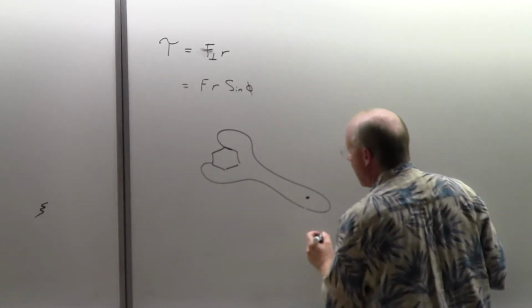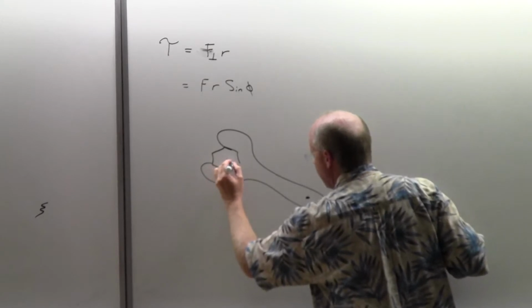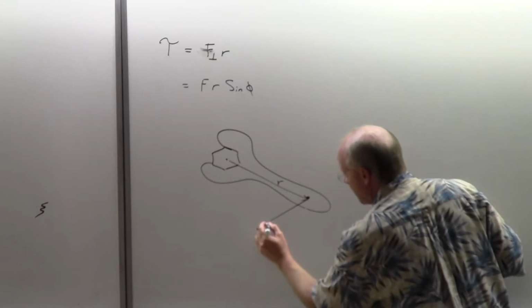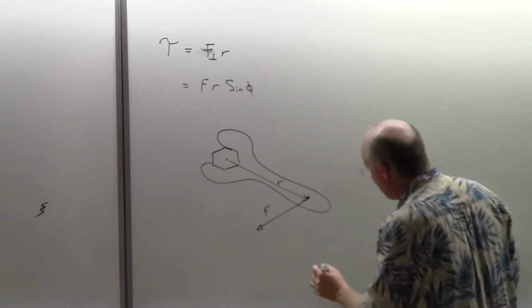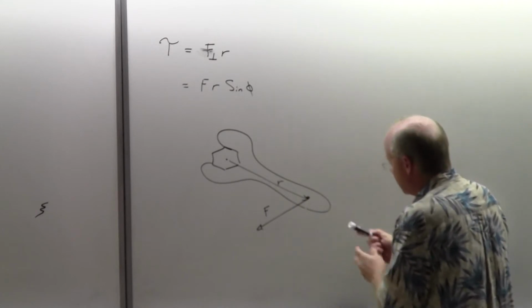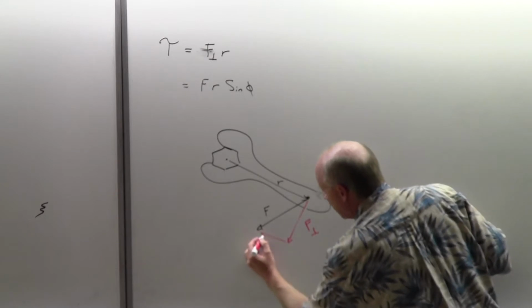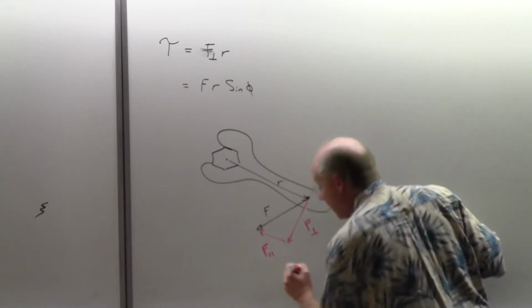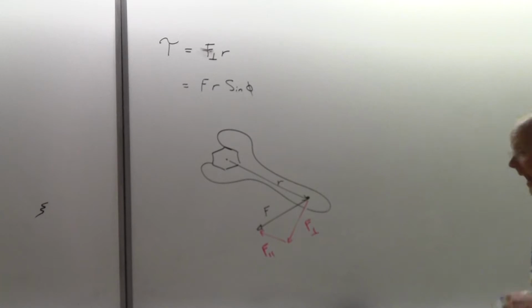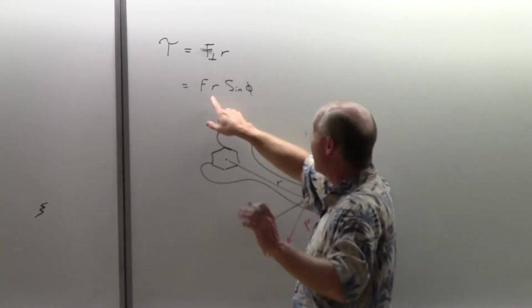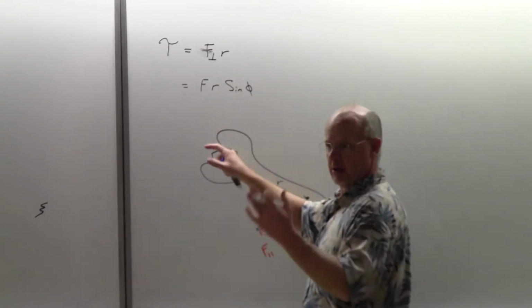If you grab it right here, from the pivot point out is R, and then if you apply a force to turn that bolt, you can think of that force as being made up of how much is perpendicular to R and how much is parallel to R. The part that is parallel to R does us no good in terms of rotating the bolt, which is why when we calculate the torque, it was not just how much force and not just how much distance, but also the sine of the angle.